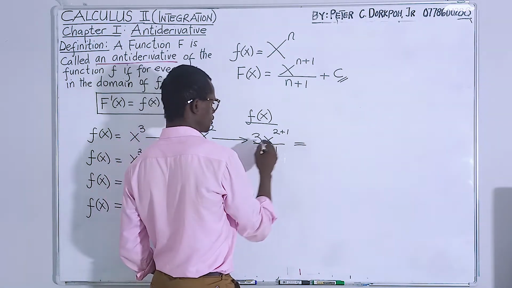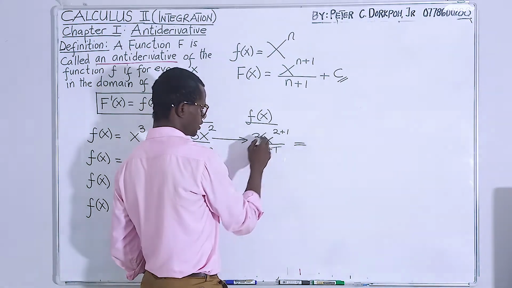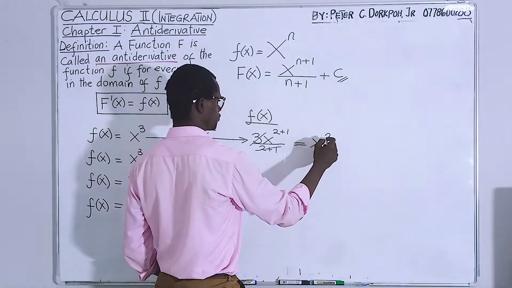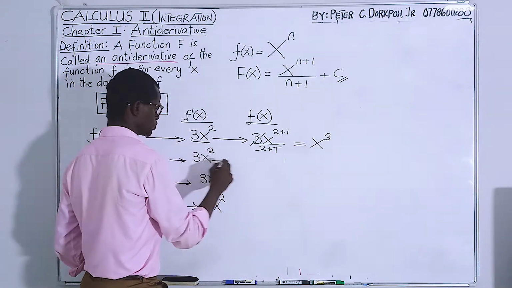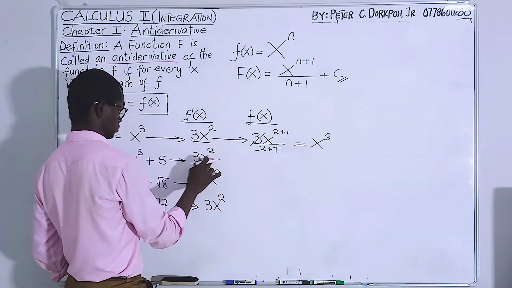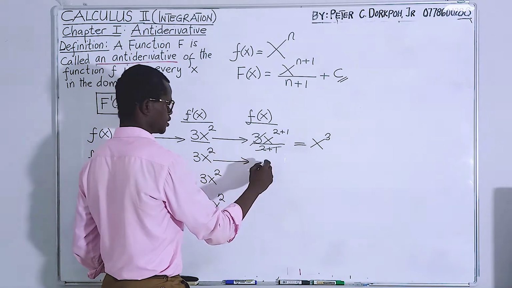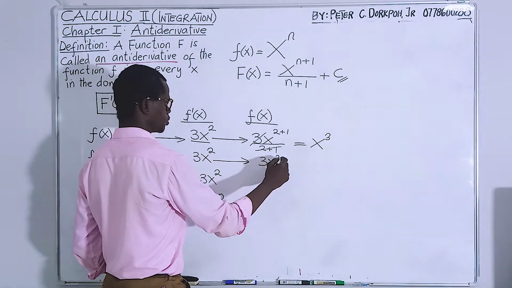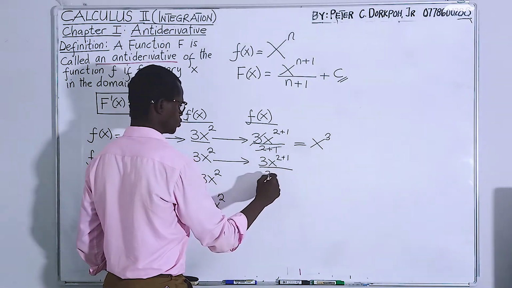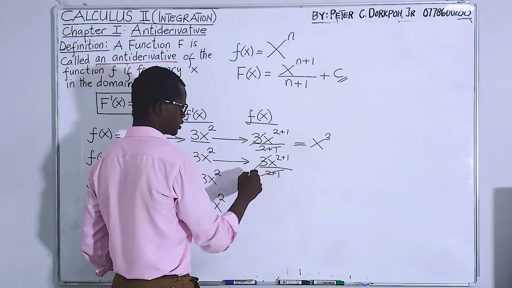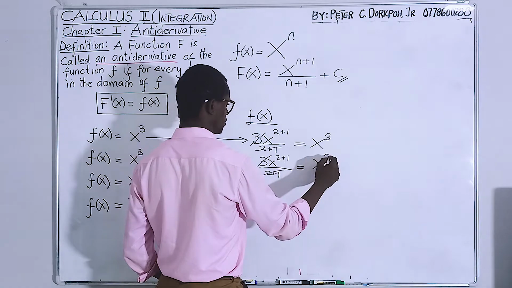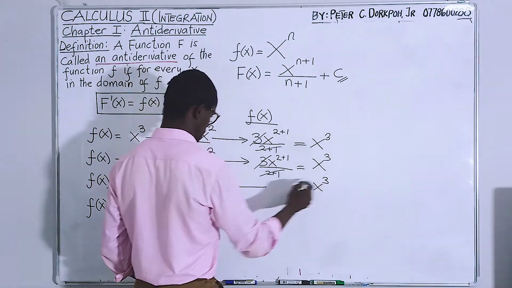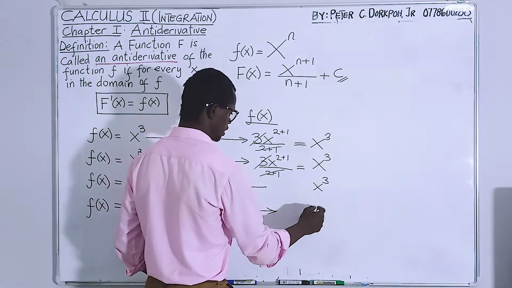This is 3 down here, so the 3s cancel, and you have x raised to the power of 3. The same applies to the others: 3x squared, 2 plus 1 all over 2 plus 1, the 3s cancel, and you have x to the power 3 each time.